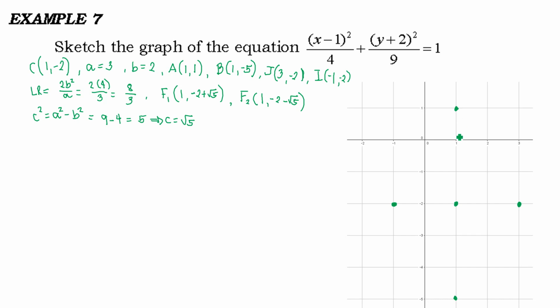So parang dito lang siya. And 1, negative 2 minus square root of 5 is approximately equal to negative 4.24. Parang ganun. So, nandito siya. And since the length of the latus rectum is 8/3, half of 8/3 is approximately equal to 1.33.